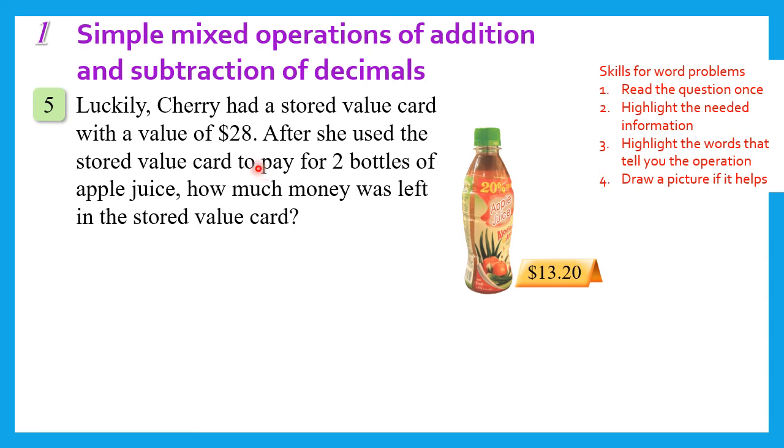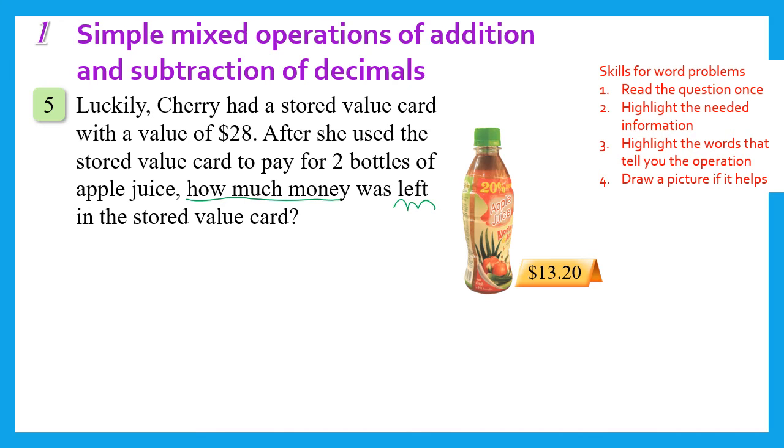For the next one, question 5, you also have to read the question. The question asks how much money is left. You see that left also means using subtraction to do the calculation. Then highlight the needed information.